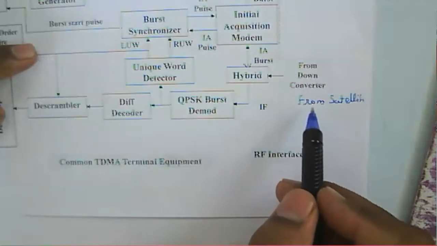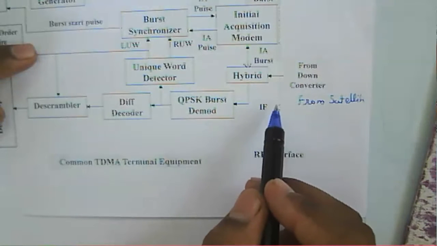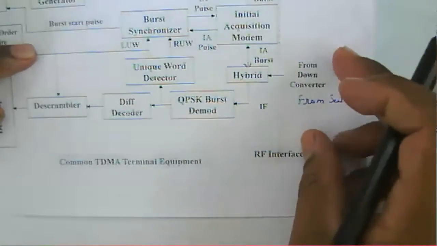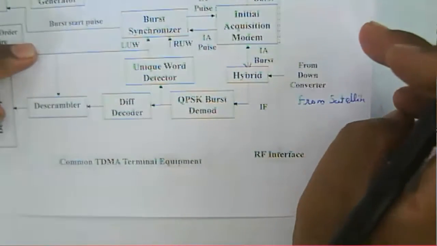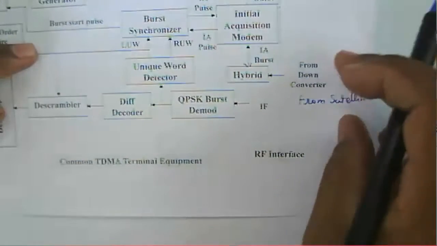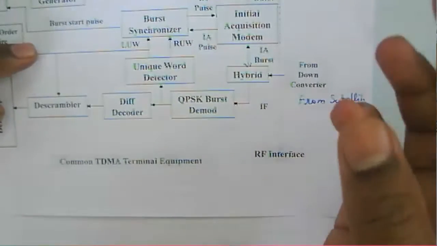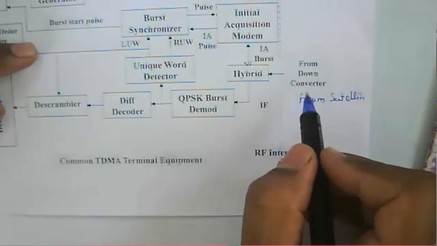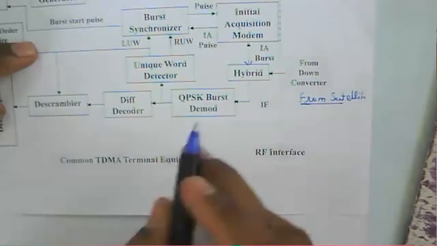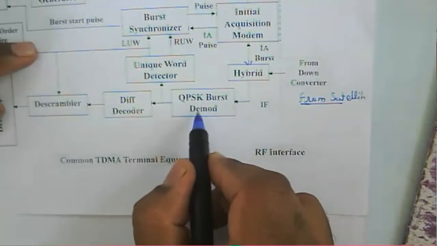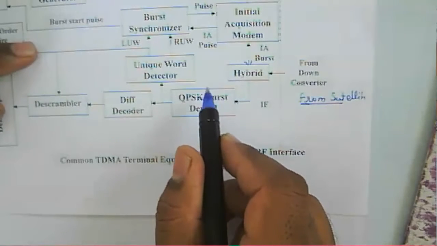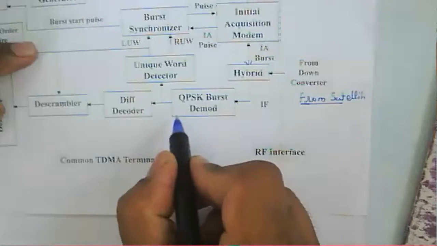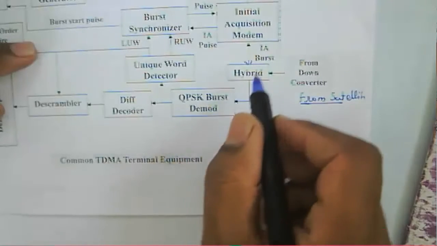The signal received from the satellite has RF bursts from different stations, or from different transponders. Whatever output we are getting from the satellite will be used by this QPSK burst demodulator through this hybrid switch.